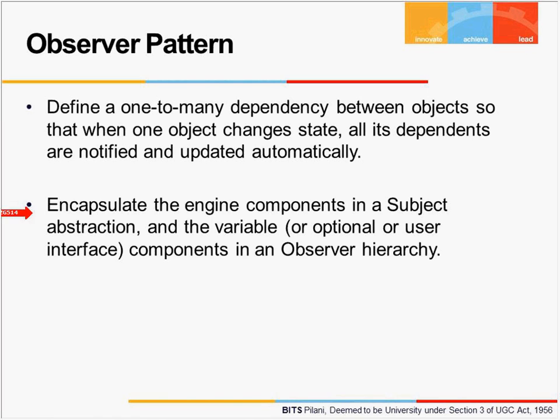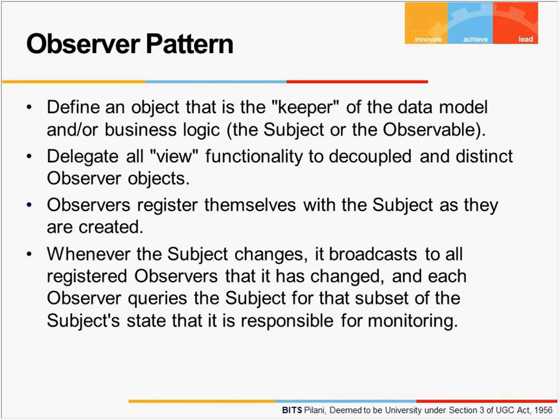It encapsulates the engine component, which is the subject abstraction. So my subject is actually the engine, and the variable components are in the observer hierarchy. Right? What are the participants and how does the work flow? It's an object which is called the keeper of the data model or the business logic, and this main object is the subject or the observable.